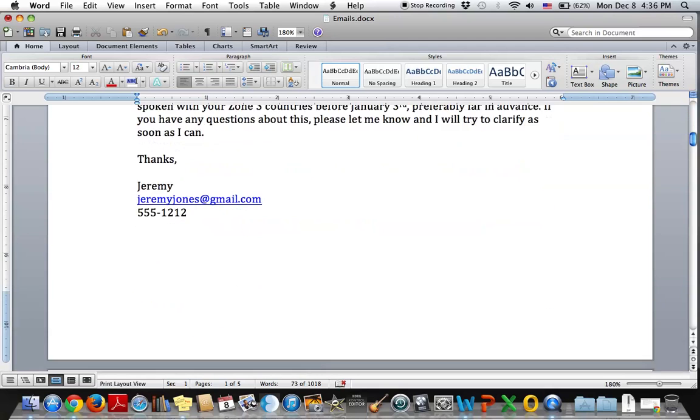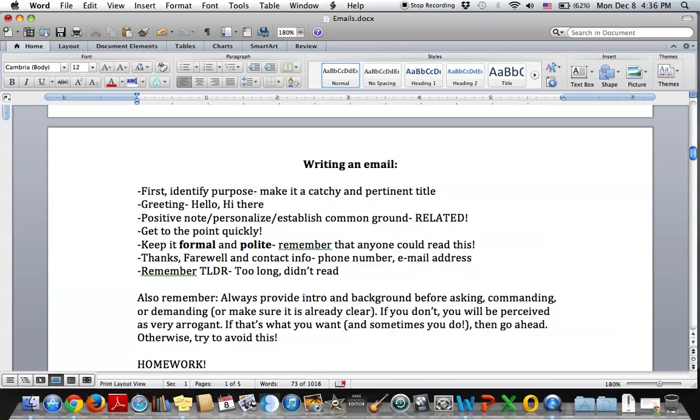And that's basically that. Those are the things that we want to make sure we have when we are writing an email. A good title that identifies the purpose, a good greeting. We want to have some sort of note to start it off that establishes common ground or starts on a positive personal note. Has to be related to our topic.